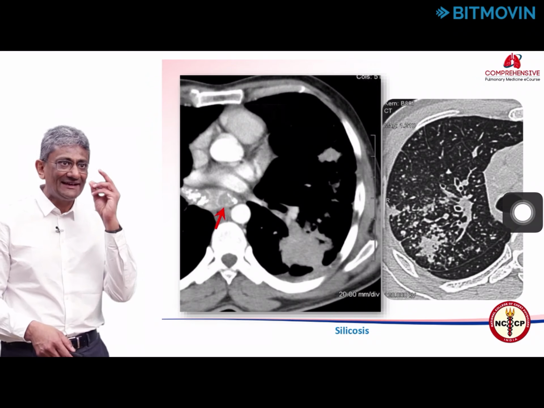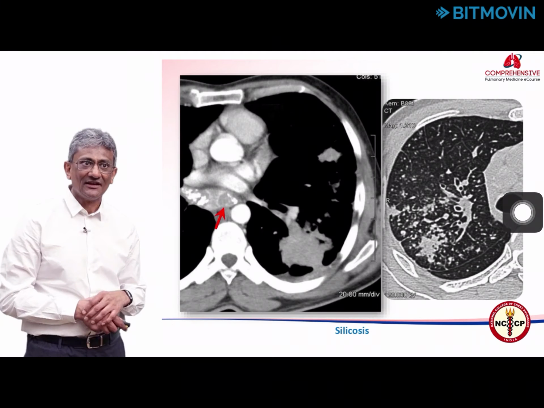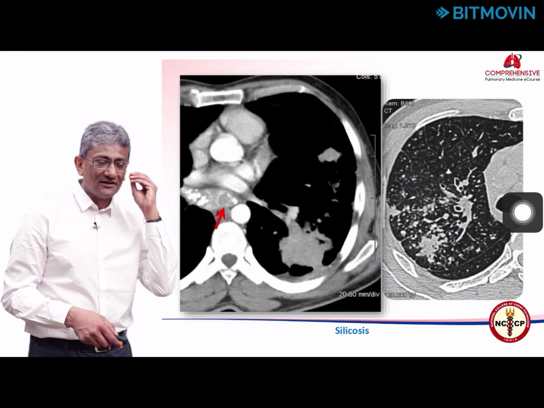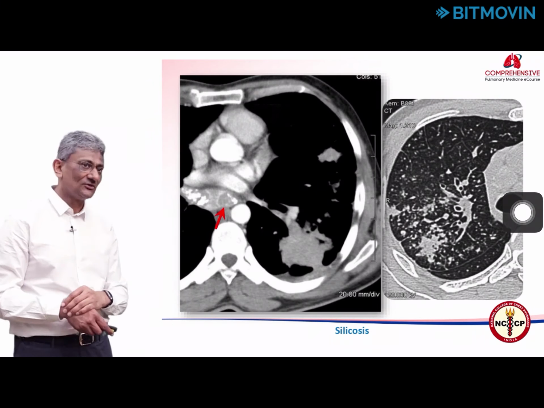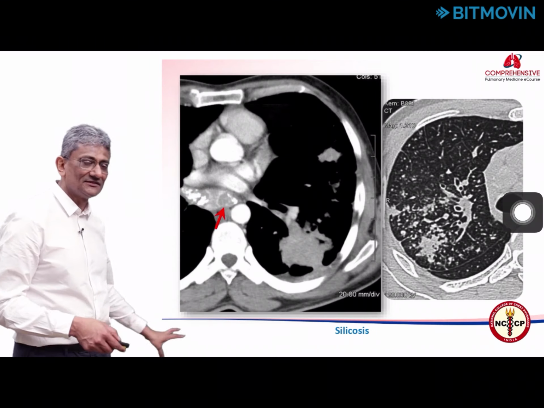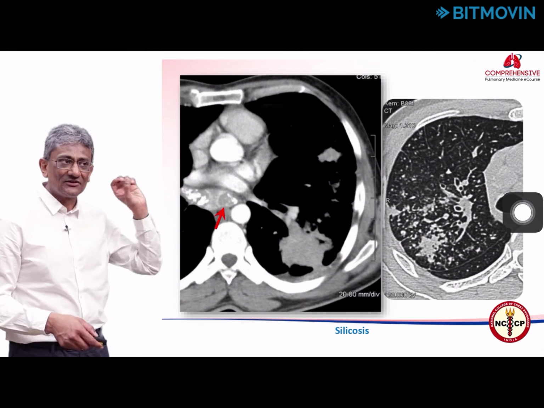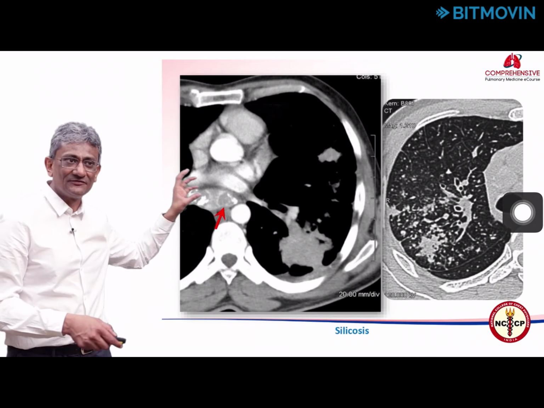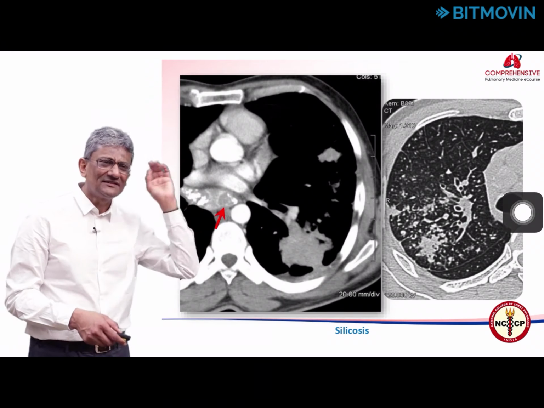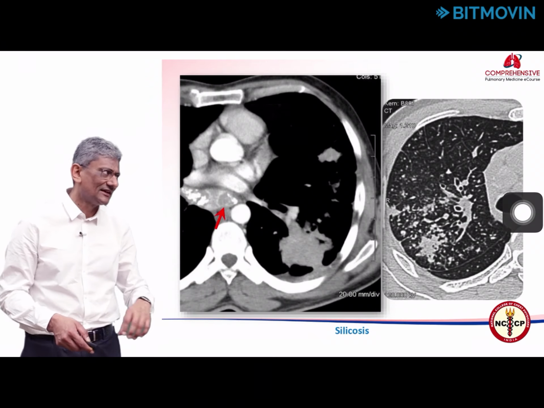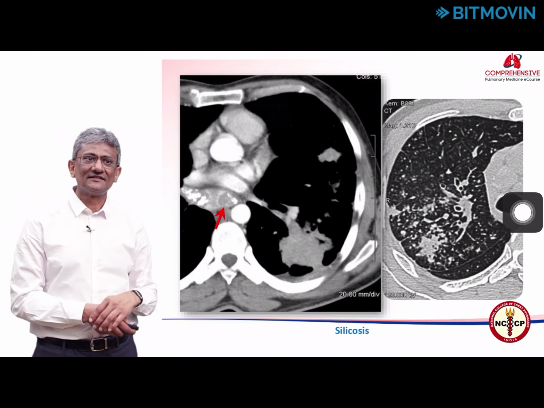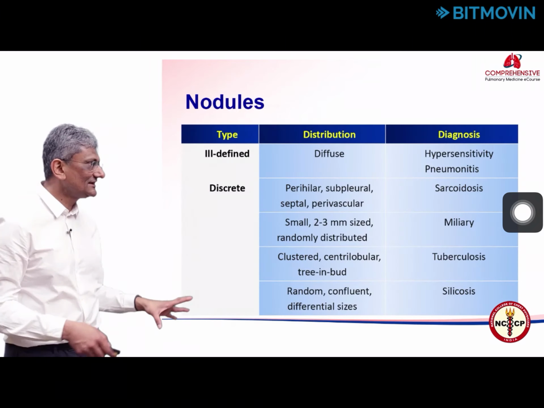Do remember that eggshell calcification should alert us to the possibility of silicosis, and while it can occur in many other conditions including treated sarcoid, treated TB, treated lymphoma, etc., the commonest entity that presents with eggshell calcification remains silicosis.